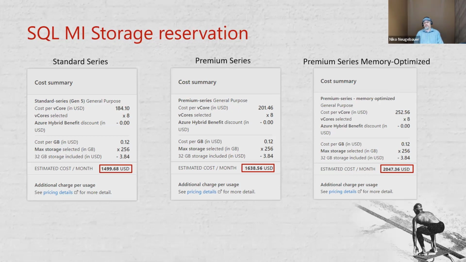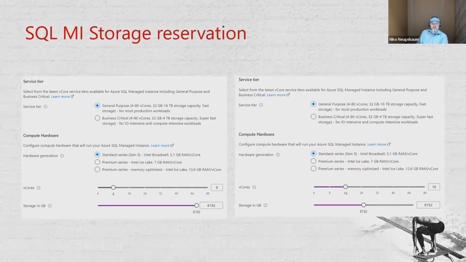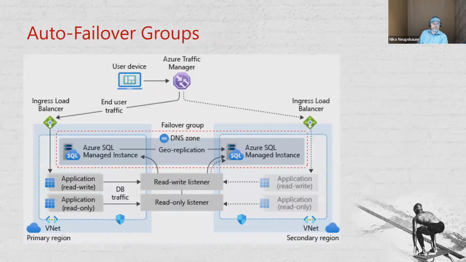But that's the difference in prices between standard series, premium series, and premium series memory optimized. So that's basically to close what I was showing you on the hardware selection. But the storage reservation is still here, and we do charge you for what you reserve.